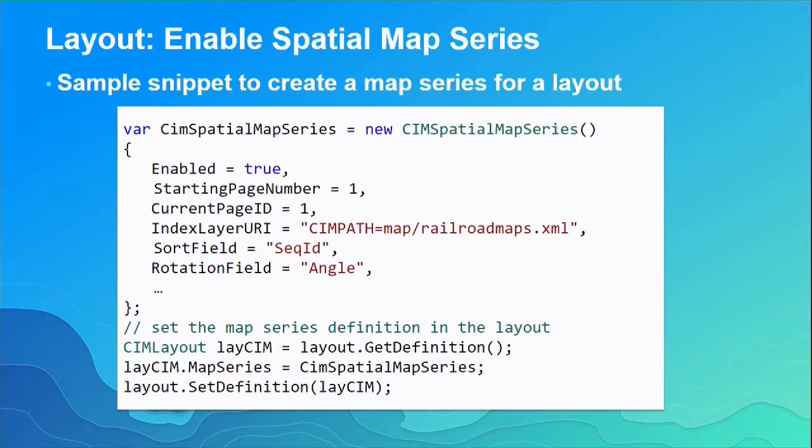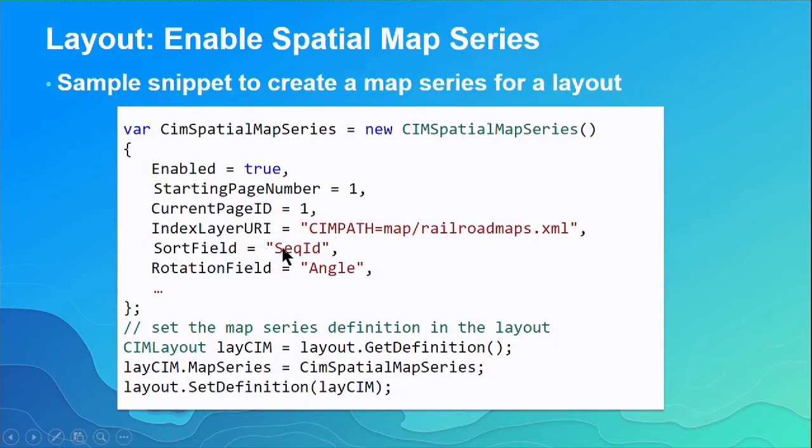So here's the snippet to enable my map series. And here I create the instance of a SIM spatial map series. I give it a few parameters. And again, here's the index layer URI. This is my polygon layer or my grid layer that specifies where all my map polygons are for my series.